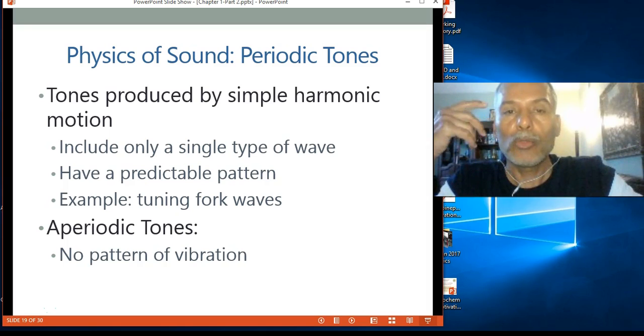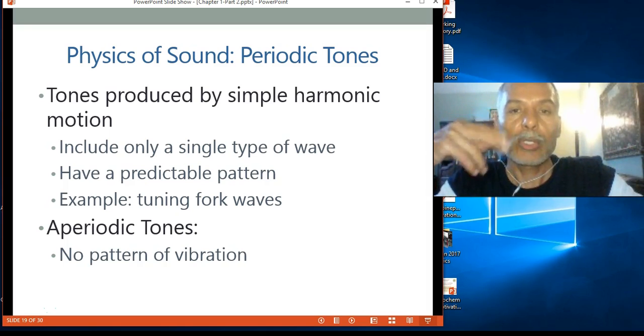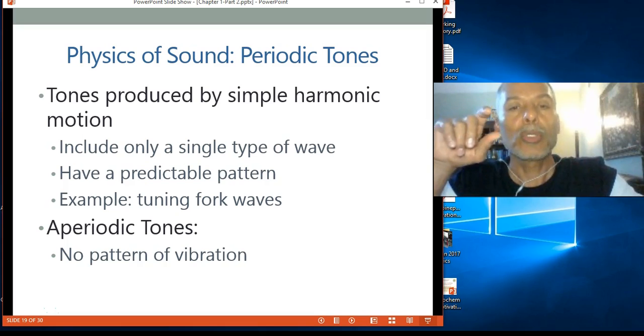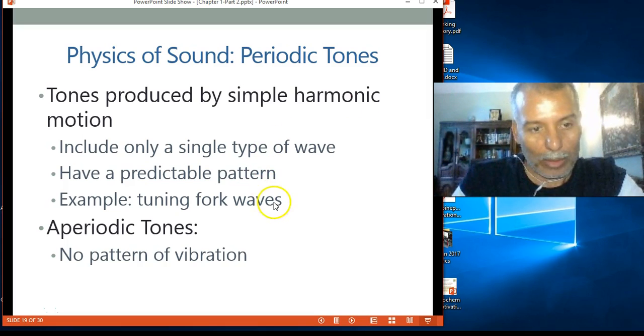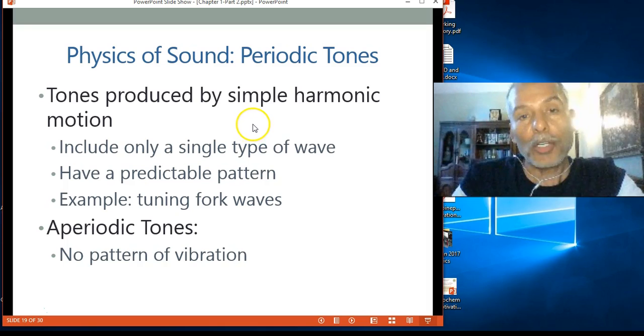When you test pure tones, they are called pure tone testing results. And if there's no pattern, then that will be an aperiodic tone. Aperiodic means the opposite of periodic.